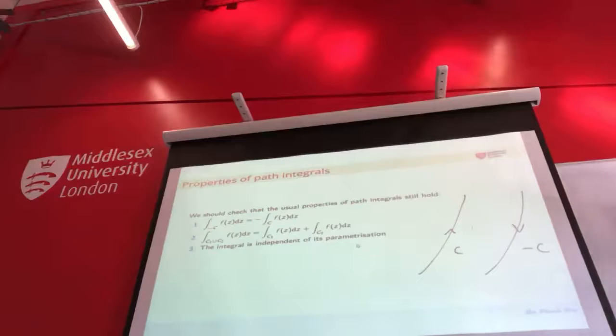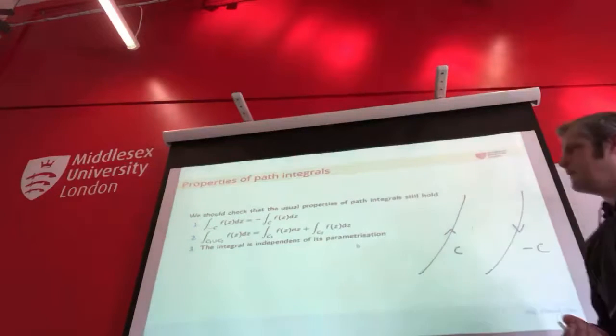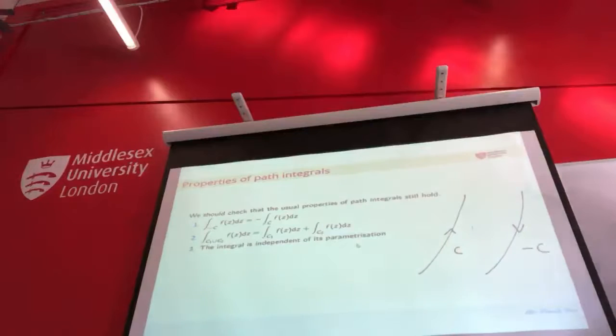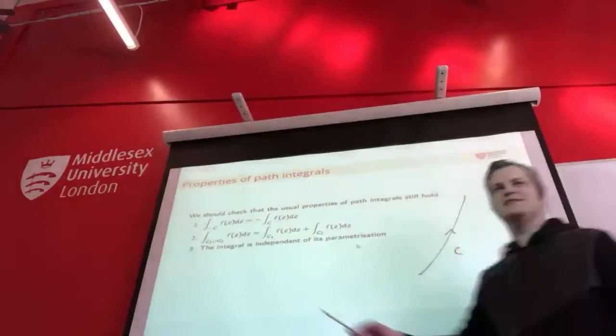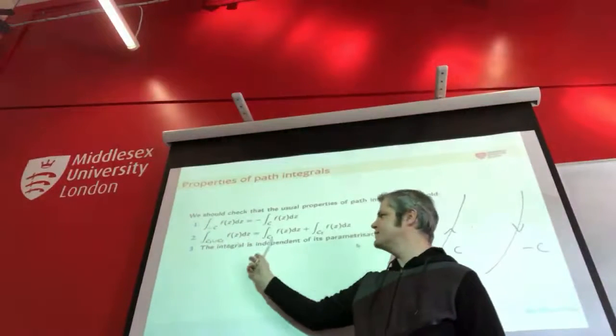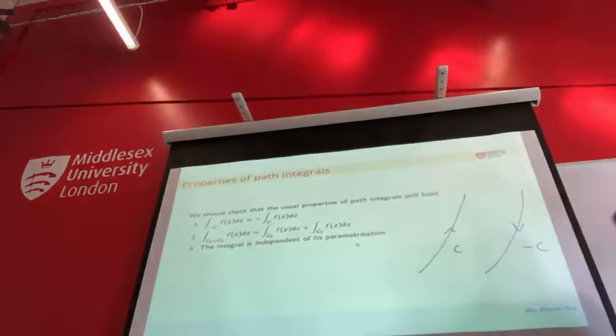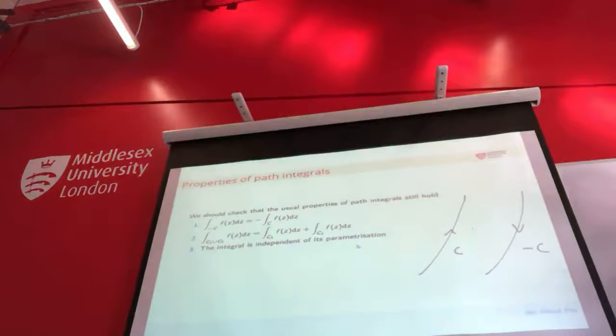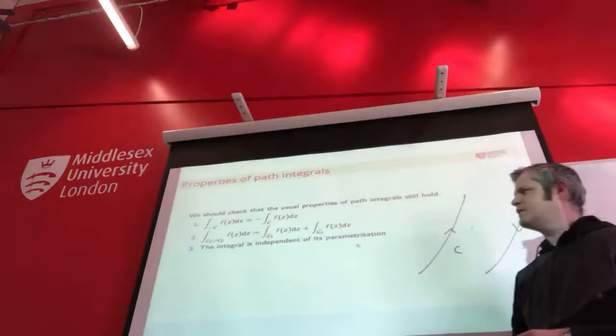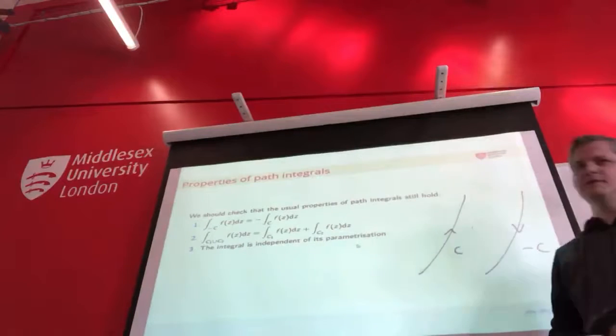That's one way of doing it. You also have, and this we will use willy-nilly, that the integral of the union of two curves is the sum of the integrals. So all of these should work, and again we should check that the integral is independent of its parameterization.